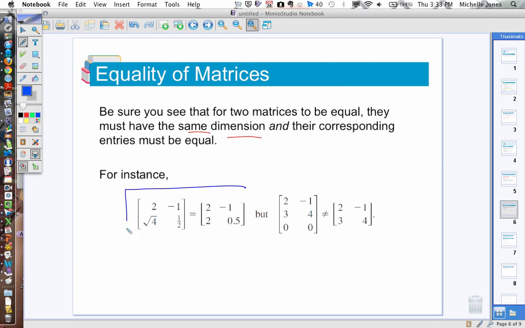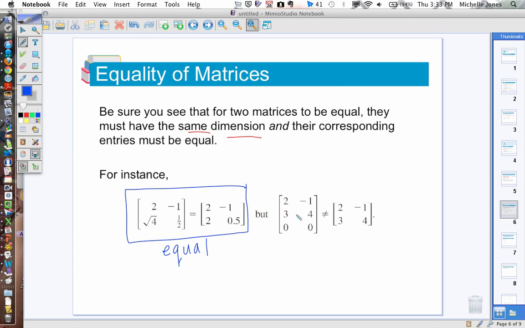So look at these first two matrices, for example. 2 and 2, same location, -1, -1. Next, you've got the square root of 4, which is 2, so this works. And 1/2 can also be represented by 0.5. So these are definitely two matrices that are equal.